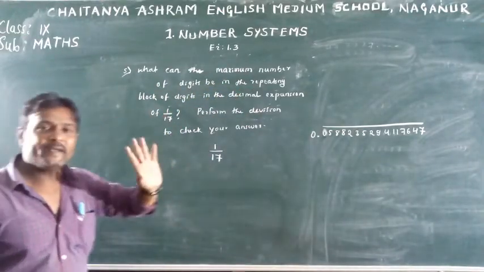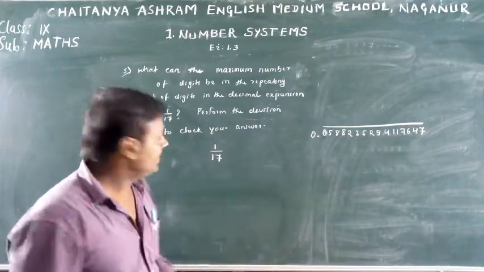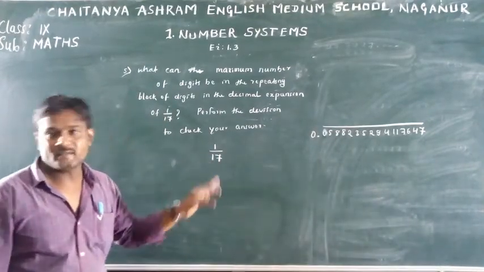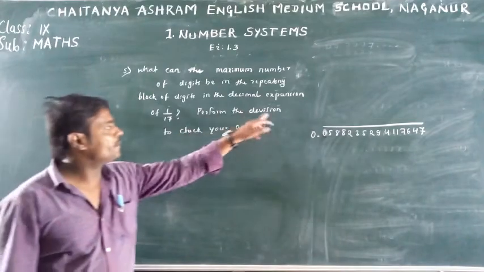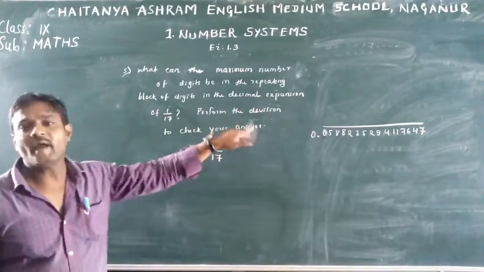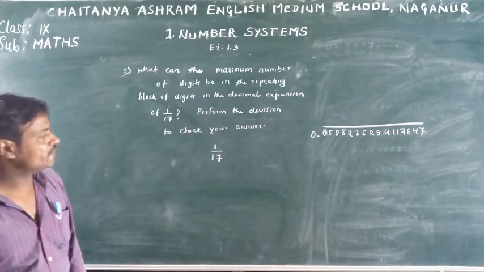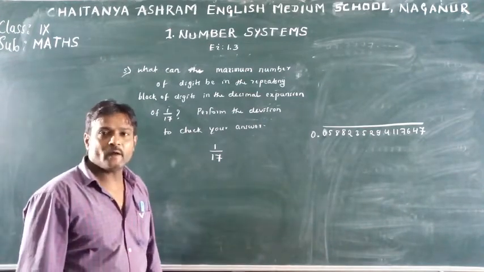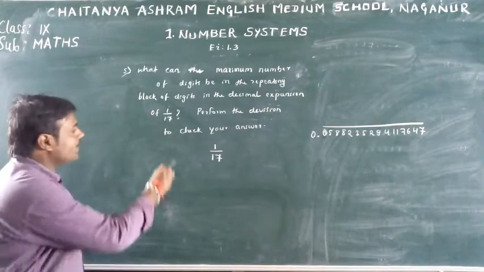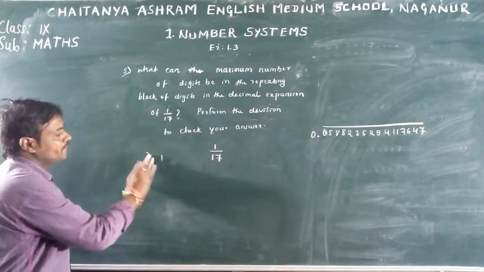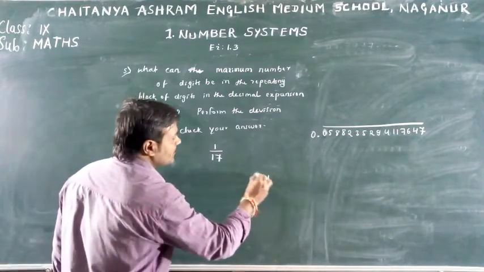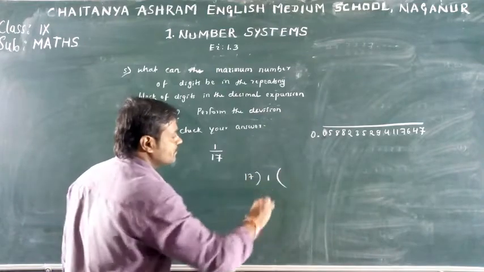How many digits are repeating in the decimal expansion of 1 by 17? Perform the division to check your answer. I will tell you the answer when you are free, or divide 1 by 17.